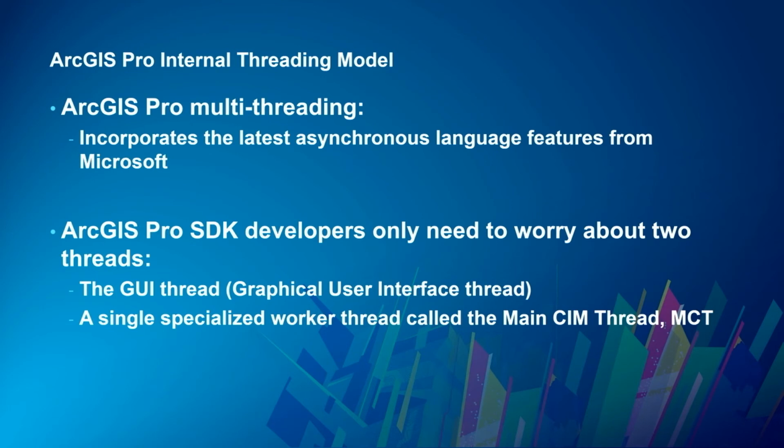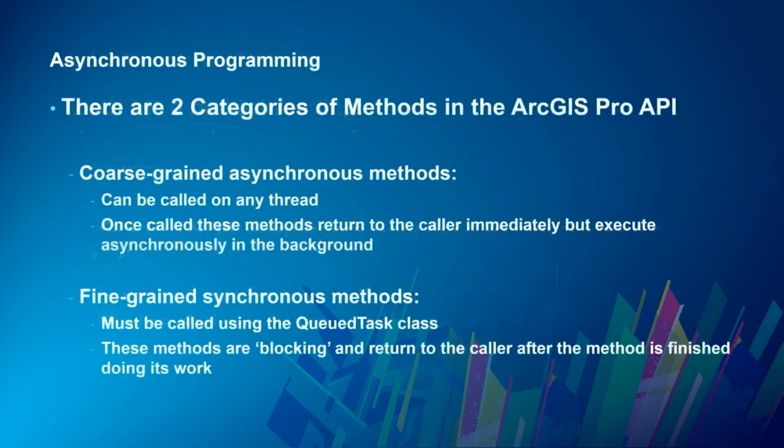You see that term a lot within the API of the Pro SDK. Main CIM thread we usually abbreviate with MCT. After a while, you know all these terms. Takes a while to get used to it, but eventually they'll be very familiar.